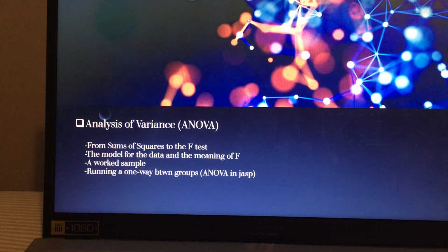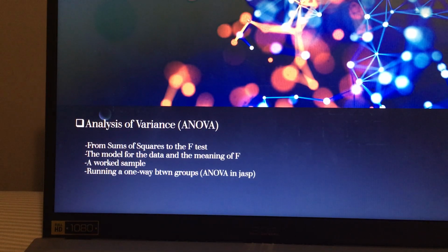So it would look like this equation. Y subscript IK equals mu plus epsilon IK. So this is where we make an assumption, which will be discussed later, that the residual values, or the epsilon IK, are normally distributed with a mean of 0 and a standard deviation, or sigma, that is the same for all the groups.